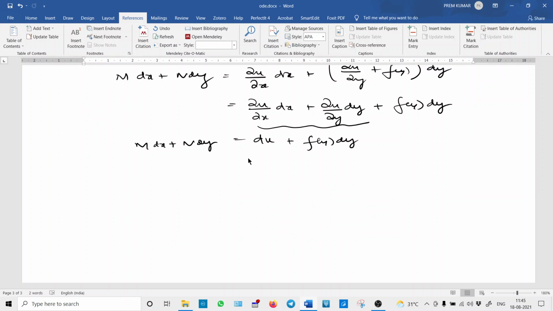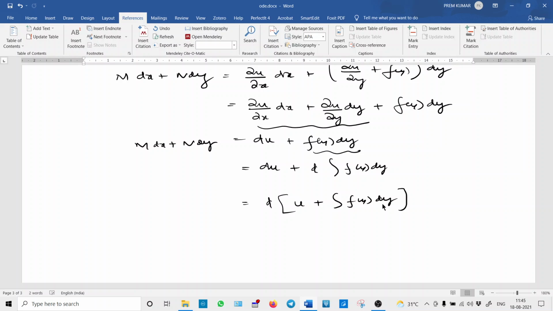This we can write as du plus, you do the differentiation and then integration, so we get this term. So we can write this as d of u plus integral f of y dy.